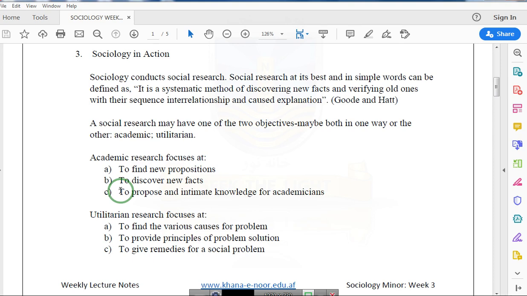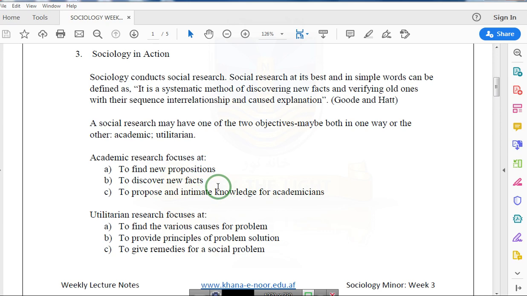So, this is pure research, where we do not have to consider any particular social problem, and we are there to revisit or verify the existing body of knowledge or to find new propositions, to discover new facts, or to propose and impart knowledge for academicians.